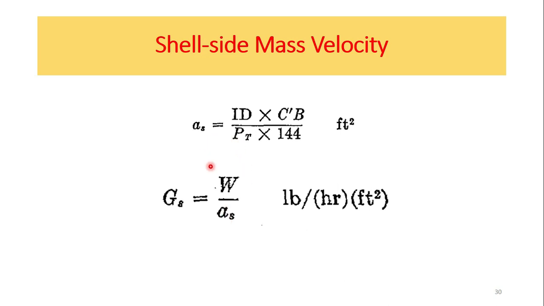The surface area is determined by the internal diameter, the clearance, the baffle spacing and the pitch, multiplied by the conversion factor. First you have to determine the surface area, and then after dividing the mass flow rate by the surface area, you will get the shell side mass velocity.